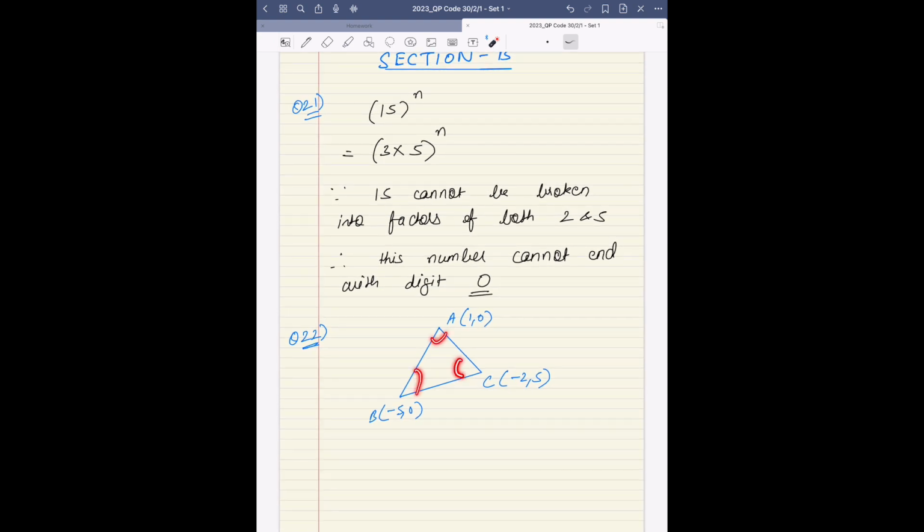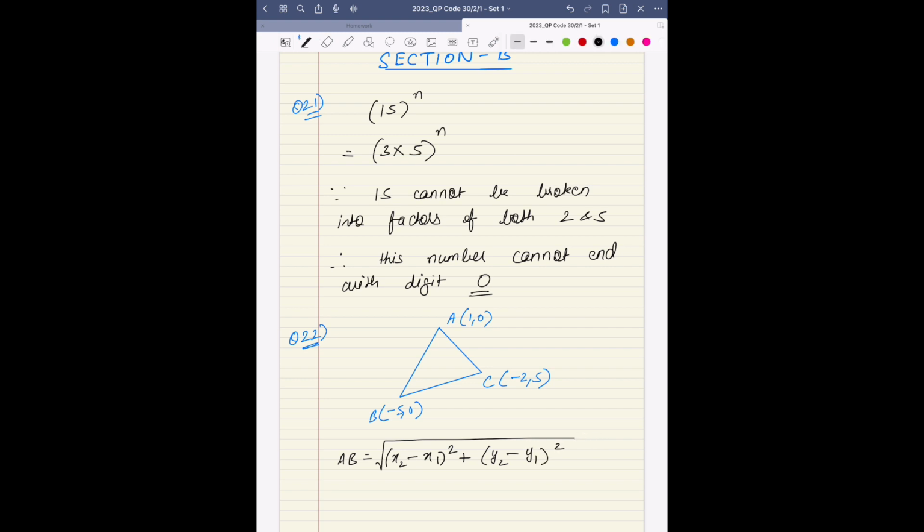We cannot find angles because there will be too much complication, and you will need to use a lot of trigonometry, so of course they don't want you to do that. It's a pretty straightforward question. Use the distance formula. Let's start with AB. AB will be under root. Now what is the distance formula? Distance formula is simply x2 minus x1 whole square plus y2 minus y1 whole square.